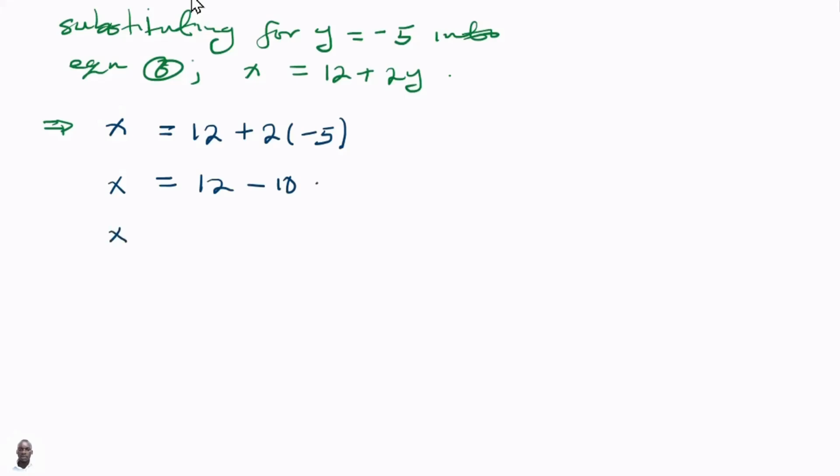As we simplify, we have x equals 12 minus 10, we have 2 as our result. From here, we can therefore conclude that x equals 2 and y equals negative 5. So these are the answers to the unknowns or the variables. That has been number 1.